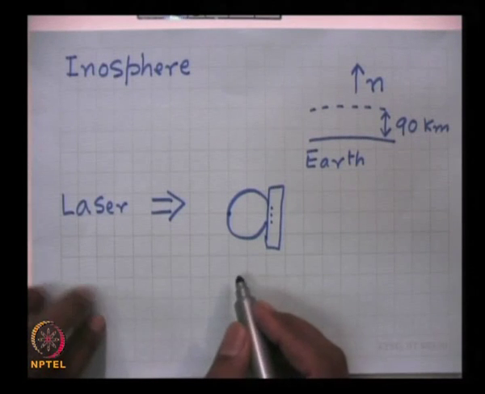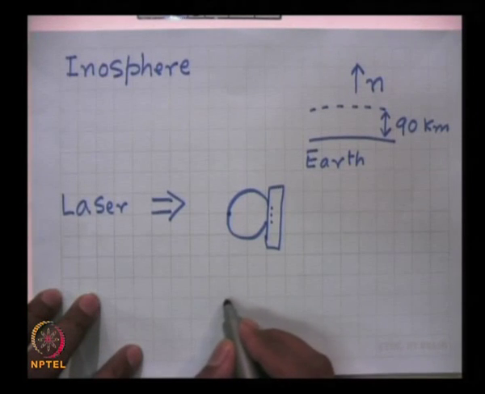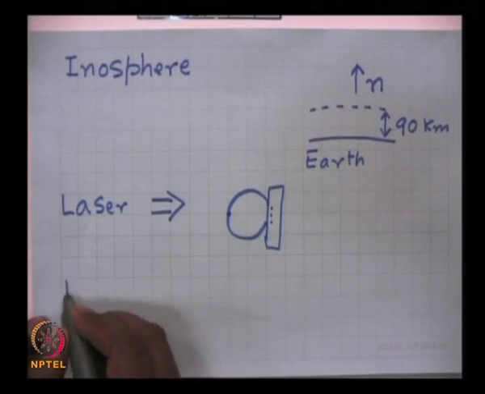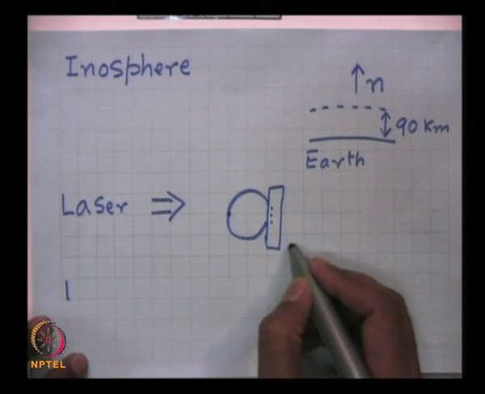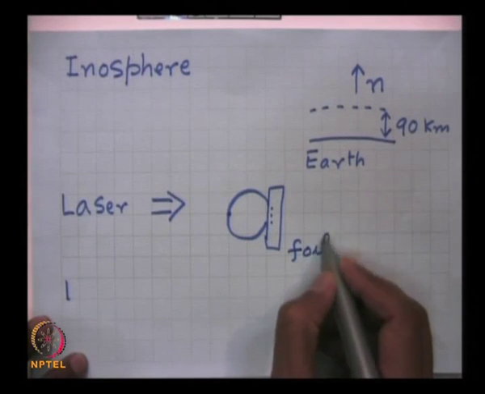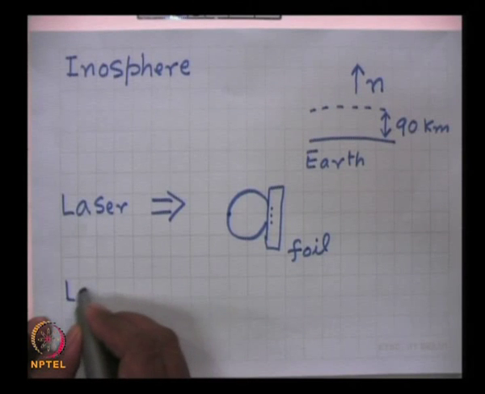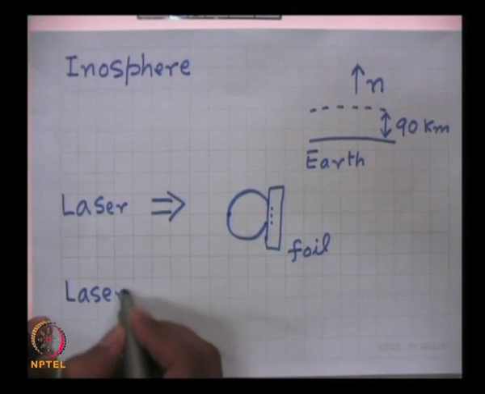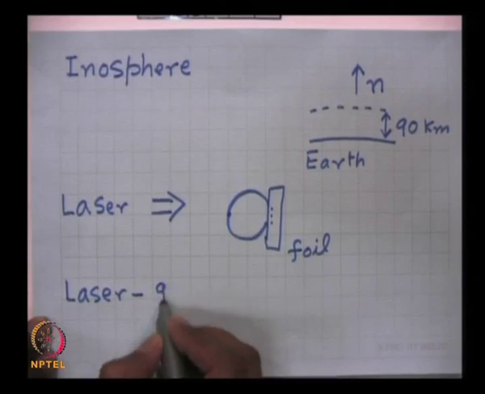Third example, which is of current interest, is what we call laser gas jet interaction. The previous one was the example of a metal foil, and then there is an example of laser gas jet interaction.